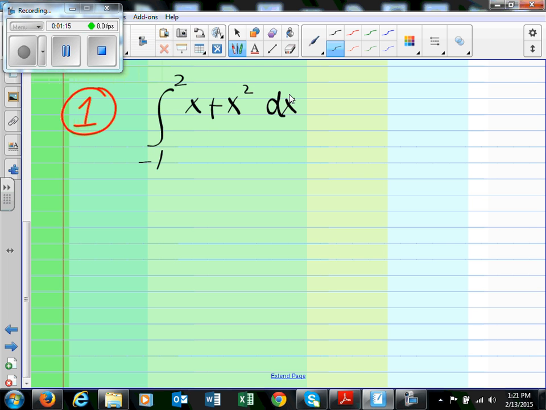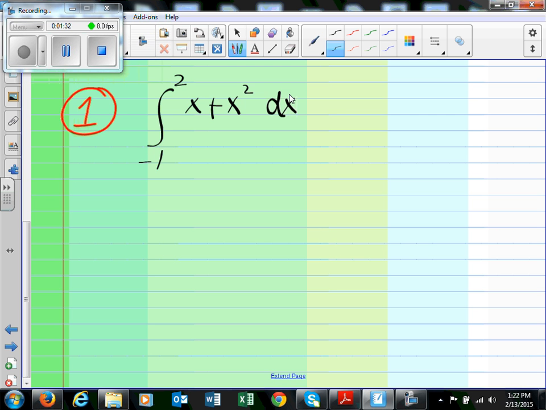Remember we had something like this? Yes, we are starting with an algebraic expression. Now then we'll move on to trig. Okay? So I'll walk you through this.